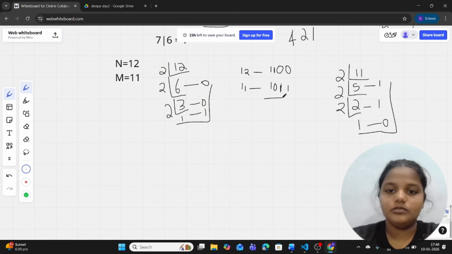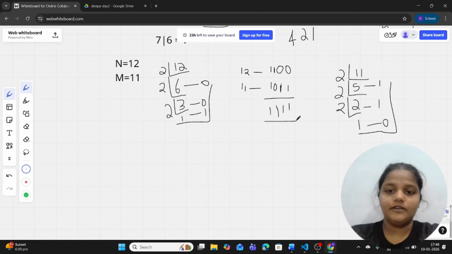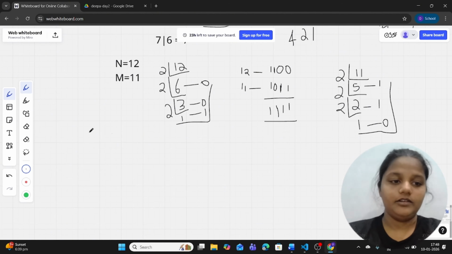Now we just want to do the OR operation here. 0 OR 1 is 1, 0 OR 1 is 1, 1 OR 0 is 1, 1 OR 1 is 1. So we have got 1111 as our binary value.